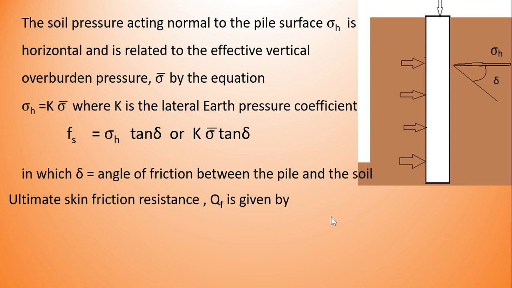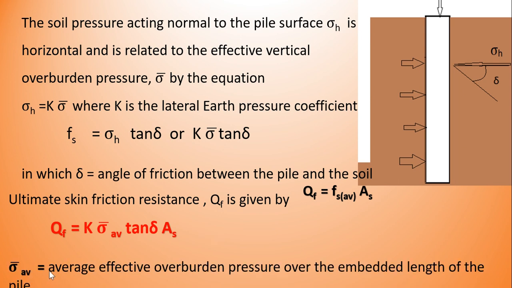Ultimate skin friction resistance QF is given by QF is equal to Fs average, that is unit skin friction resistance average, into surface area of the pile in contact with the soil, Fs average into AS. QF is equal to K sigma bar average tan delta into AS. Sigma bar average is the average effective overburden pressure over the embedded length of the pile.